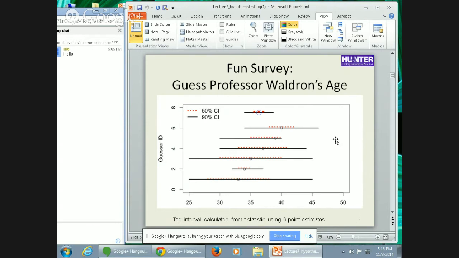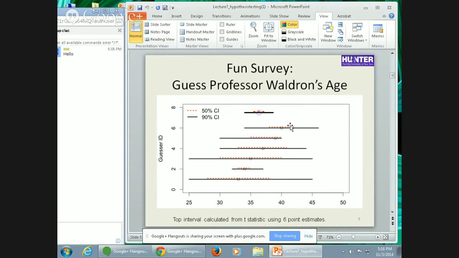So how do we do? Yeah, what are the results? I'll tell you. Well, I got a much smaller sample this year than last year, so it's a bit hard to say.